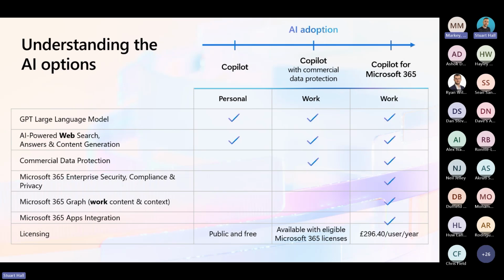Now, with regards to the licensing itself, Copilot for Microsoft 365 is £296.40 as the retail price. However, the great thing is that you can co-term it with your current licenses in place. So let's say you've only got licenses in place which are due to renew in, say, December or November, you don't have to pay that £296.40 because you can do something called co-terming that license.